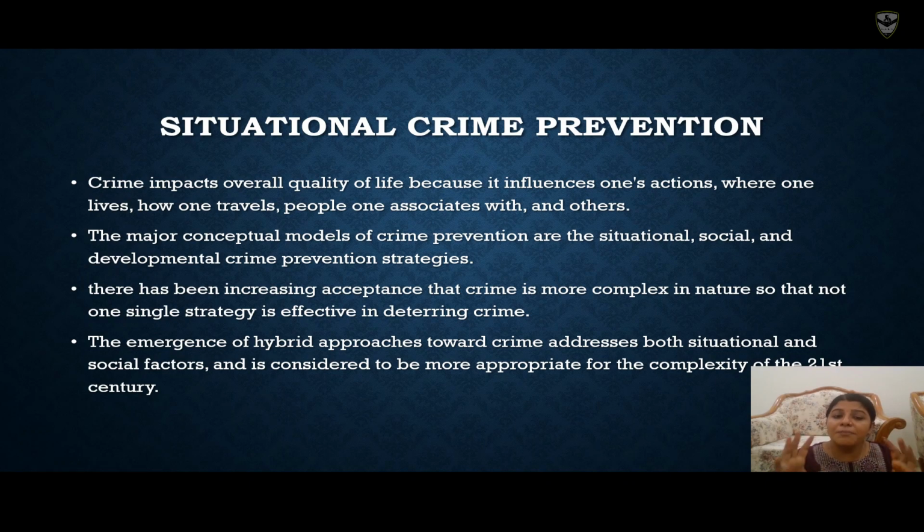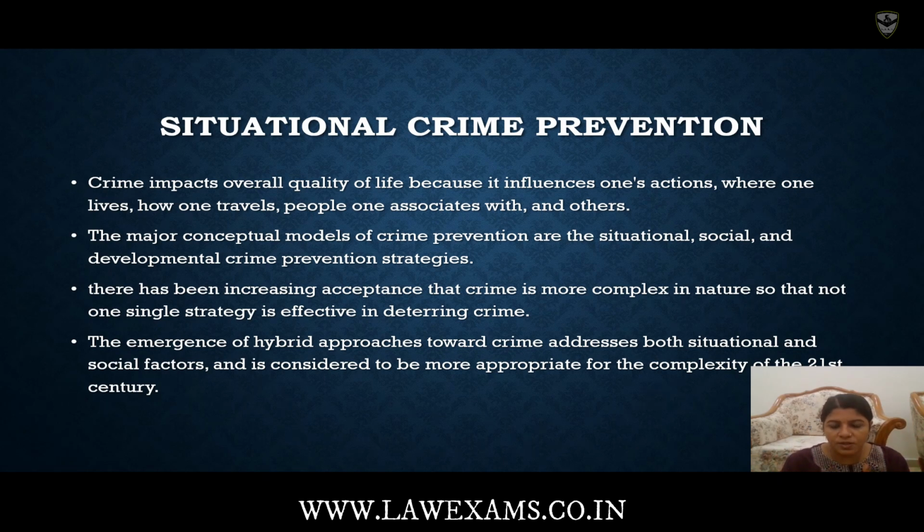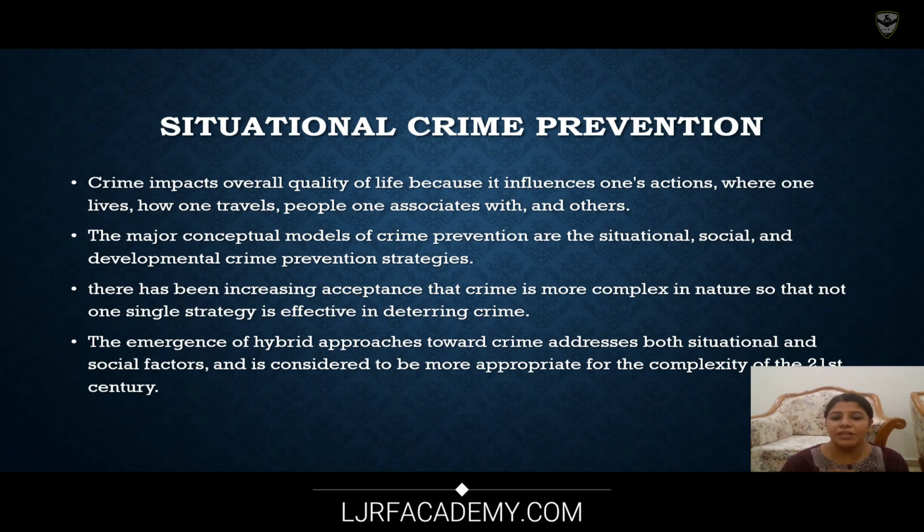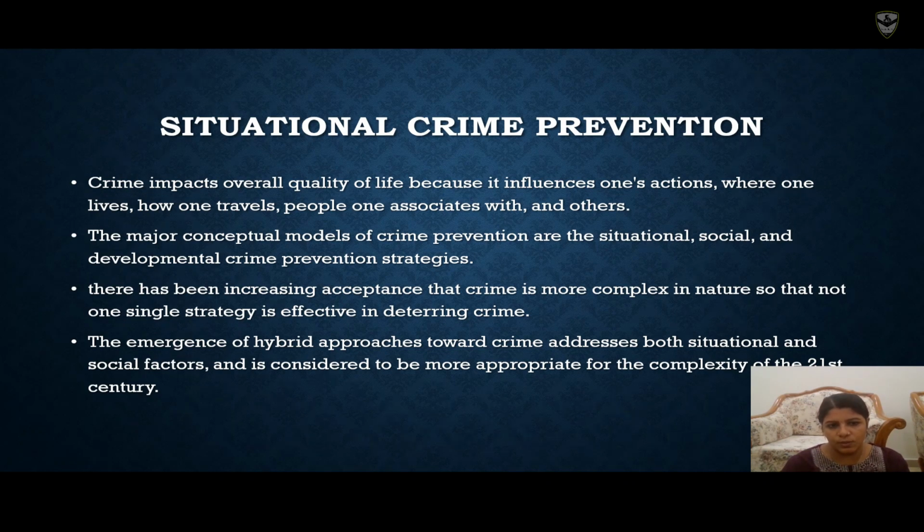So the major conceptual models of crime prevention, if someone asks you how crime can be prevented, the three main important models would be situational, social, and developmental crime prevention strategies. Since crime is something of a complex nature, no single strategy can be used to deter crime.